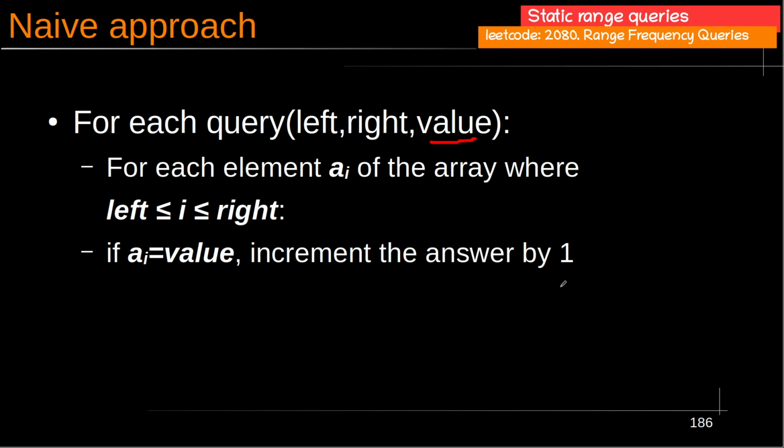So we increment the answer by 1. Of course, at the beginning, the answer is equal to 0. The time complexity of this query function is Q times N, where Q is the number of queries and N is the size of the array.